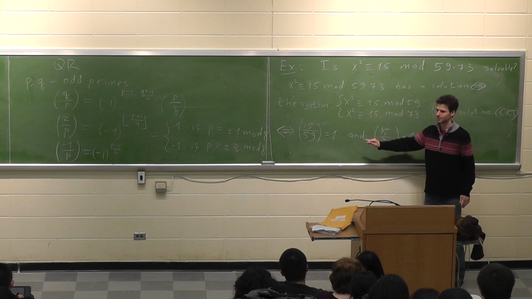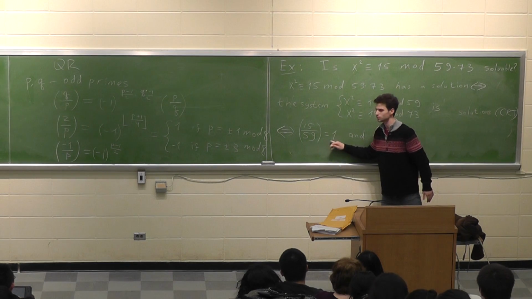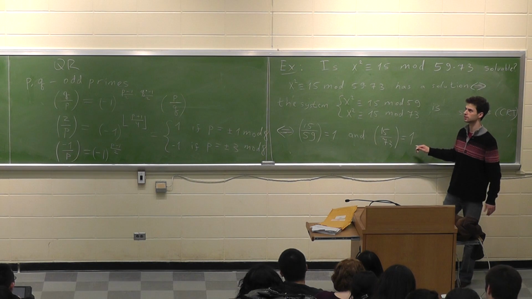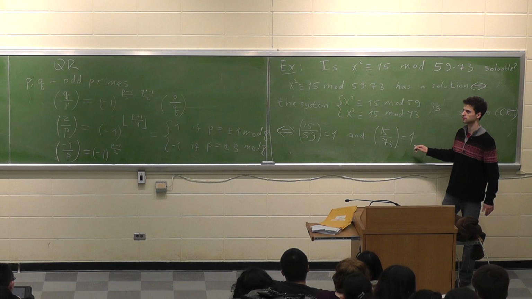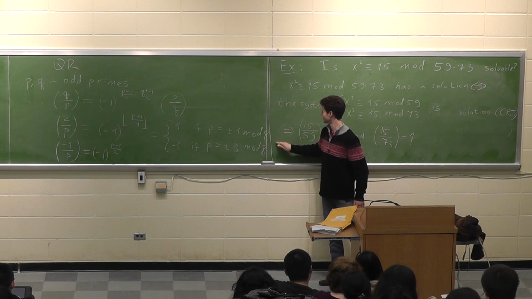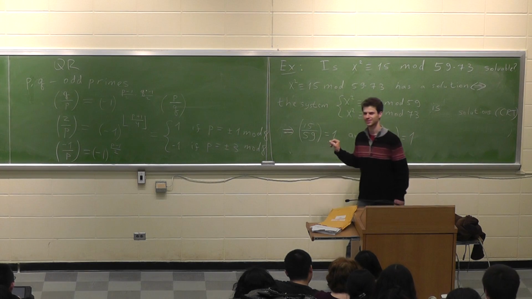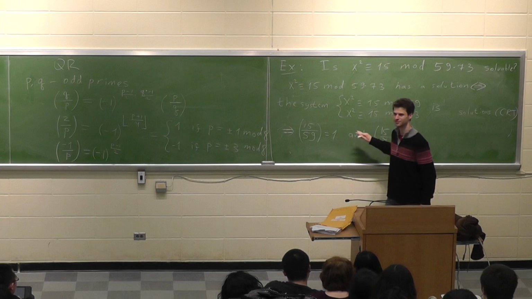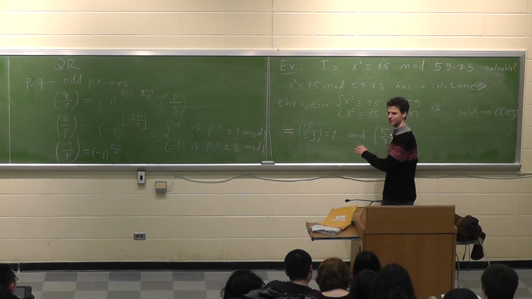So, if it is a square of something modulo 59 and a square of something else, let's say I'm definitely sure about this implication.